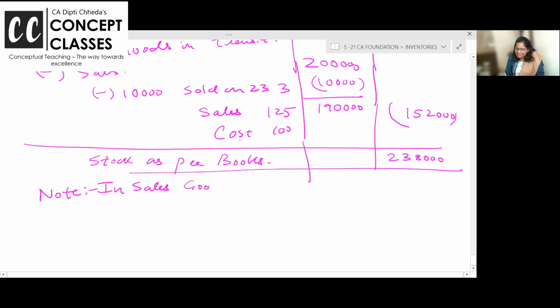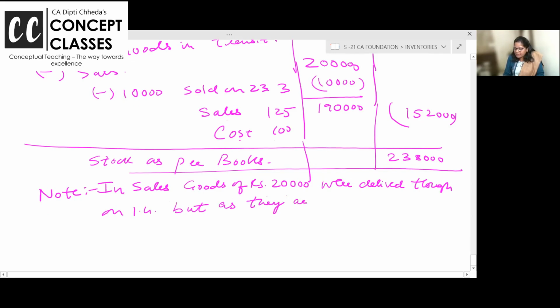In sales, goods of rupees 20,000 were delivered though on 1st April, but as they are recorded as sales, we consider as sold.